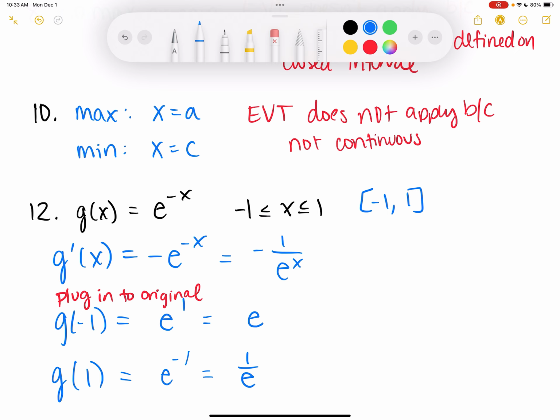Expecting one of these to be positive and one of these to be negative. Oh. Because this one's different.